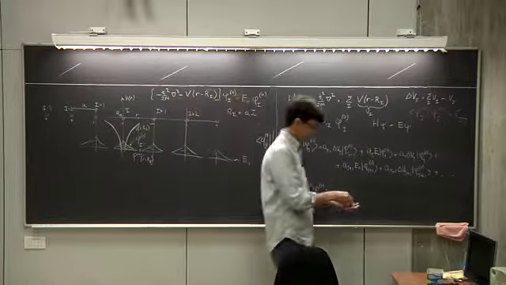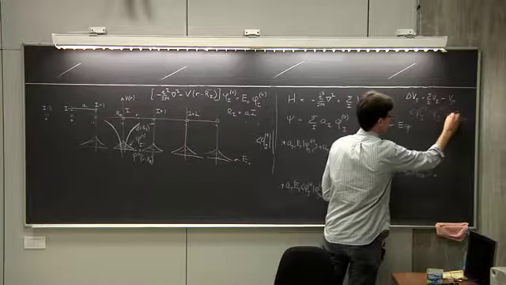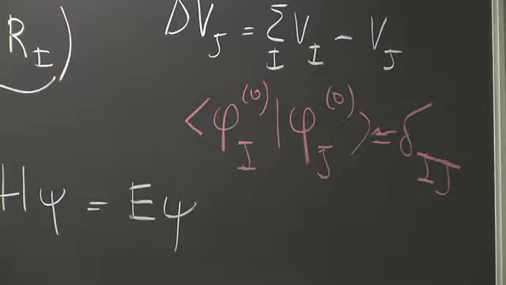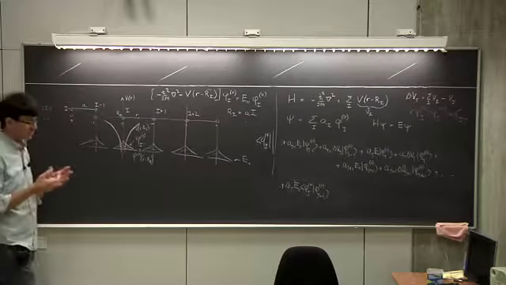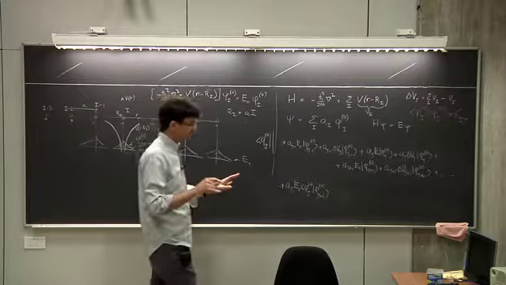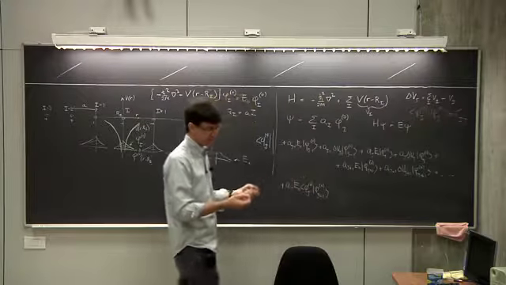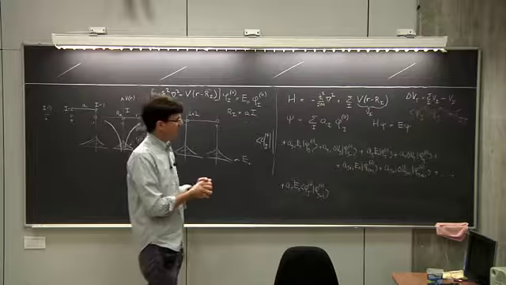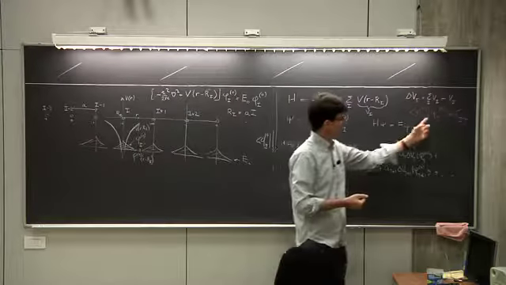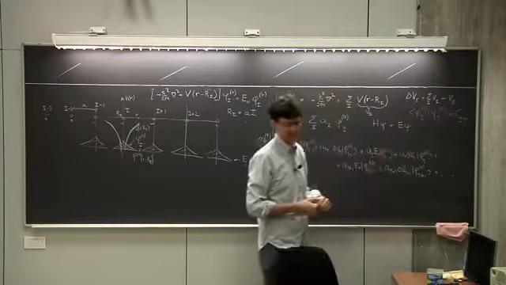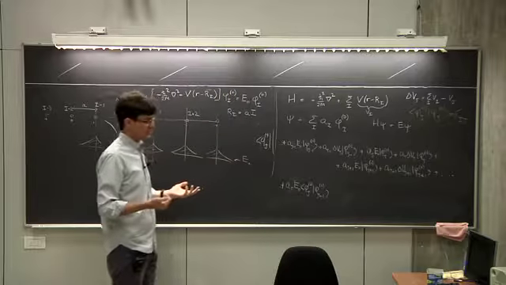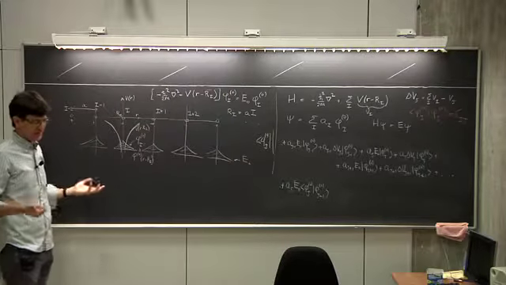So this is, actually, let me put approximately so that we remember that this is not an exact statement, and it doesn't come from some orthogonality due to the fact that these are two eigenfunctions of the same Hamiltonian. Nothing like that. It just comes from the fact that they are distant and they are exponentially decaying. And so we approximate the overlap to 0 if they don't belong to the same site. If they belong to the same site, then of course it's 1 because it's the same function.